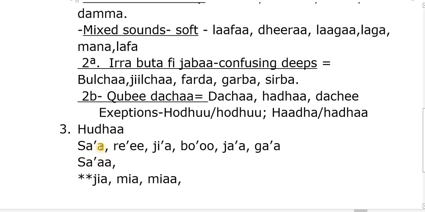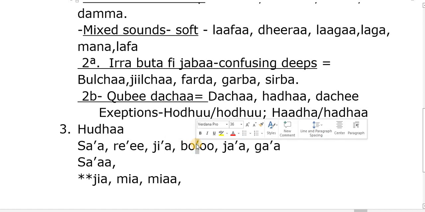So huda is important to bring that sound out of sa as sa'a, out of re as re'e. This one is gia, just two different sounds. I don't even think we need the huda there. Here for bo, if we have apostrophe, or any kind of mark that can indicate that o is a different outspoken sound, that's to indicate that.